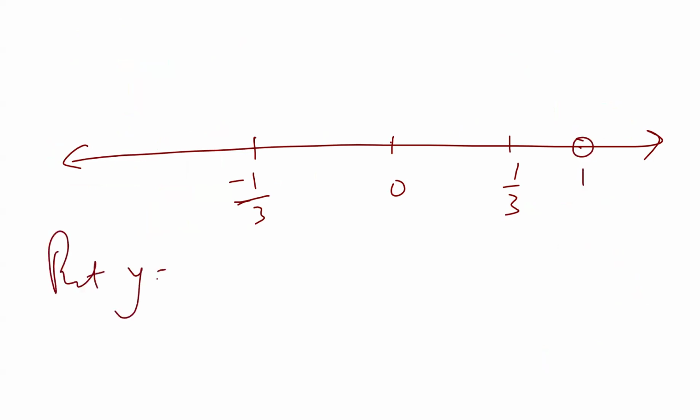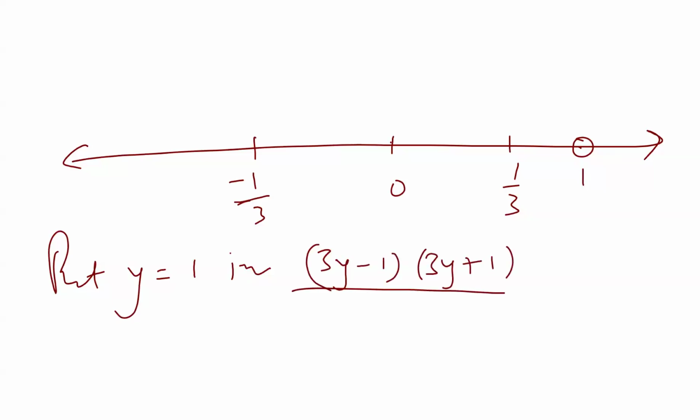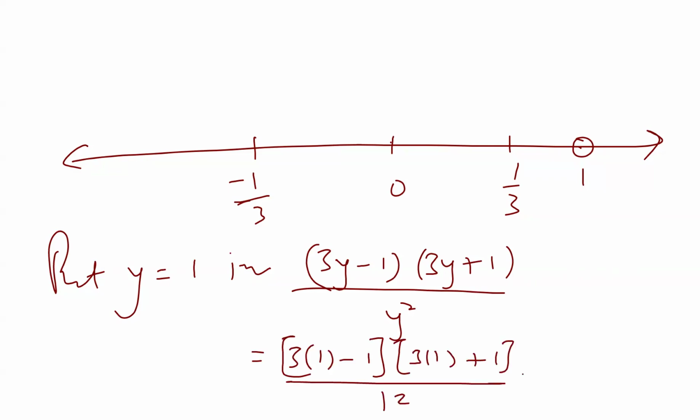Put y equal to 1 in (3y minus 1) into (3y plus 1) upon y square. Let me calculate this. 3 into 1 minus 1, 3 into 1 plus 1, upon 1 square. 3 minus 1 is 2, 2 into 4 is 8, upon 1, which is 8.